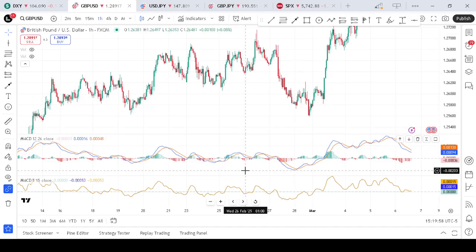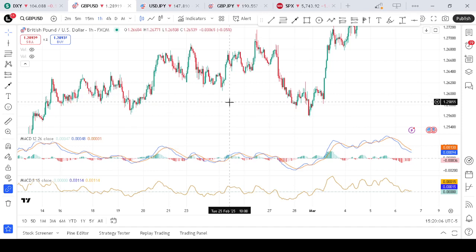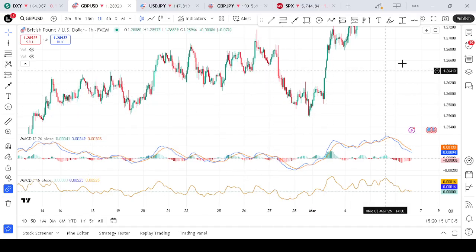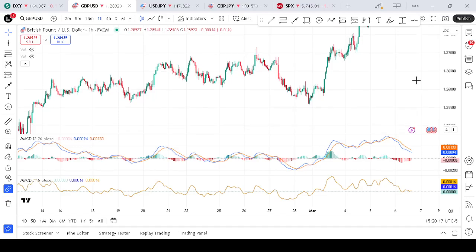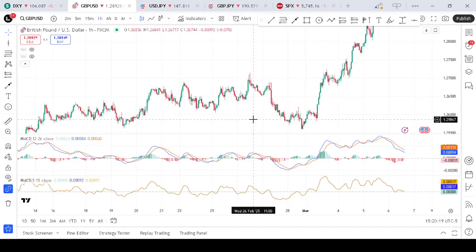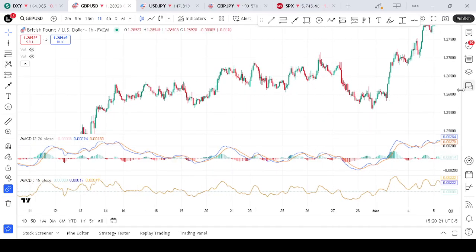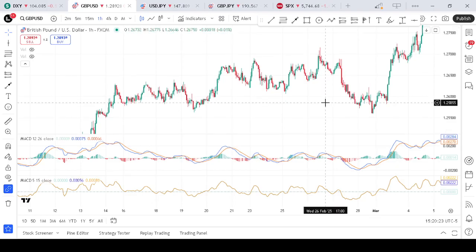Remember, divergence between price and either MACD can signal a potential trend reversal. When you spot a divergence on both MACDs simultaneously, it's often a signal to either exit your position or prepare for a trade reversal. So do not ignore any sign of divergence between the price and the MACD indicator.